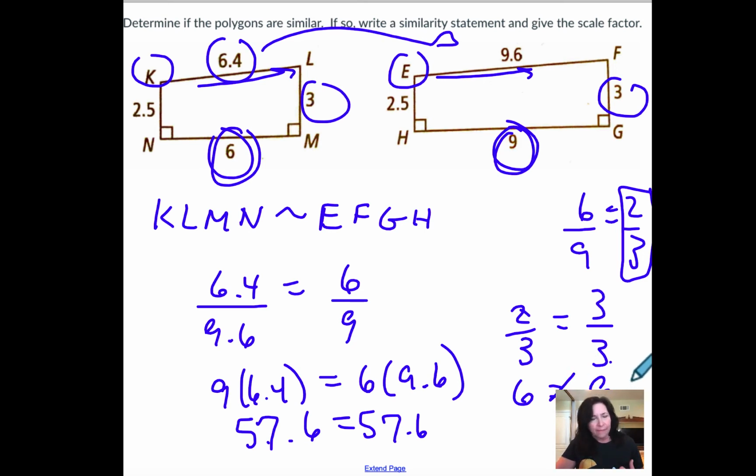That doesn't equal. We're out. Also, the same value. So you can't have the same value here and here. Okay, for something to be proportional and similar, the sides have to be proportional. So for the sides to be proportional, they have to be not just picking and choosing which ones are proportional. It has to be all the way around.